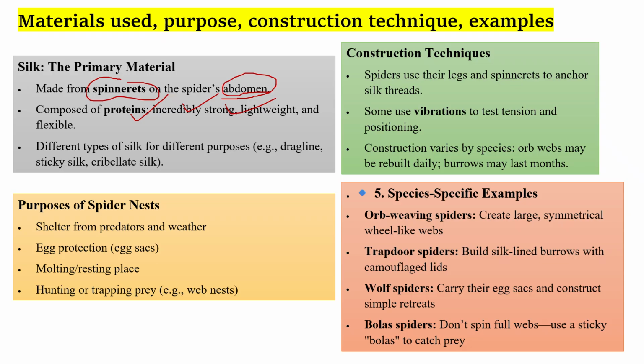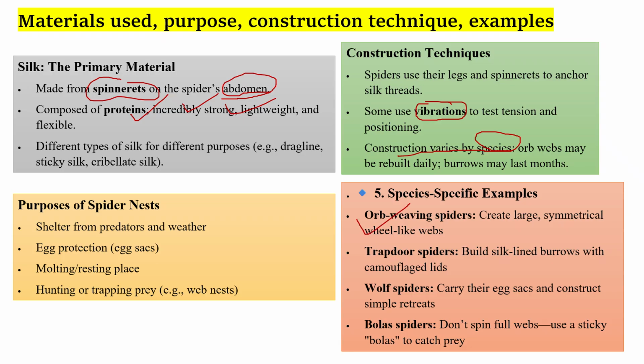There are also construction techniques: they use vibrations to test the tension and positioning, so that they do not face any problem in future. Construction varies by species, so there are different ways and patterns followed by different species of spiders.